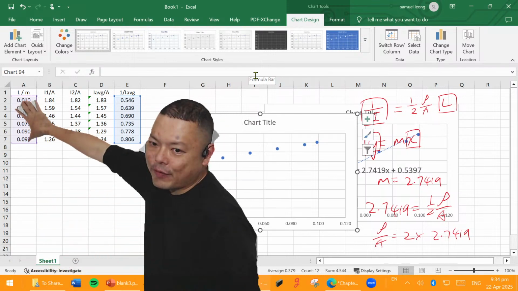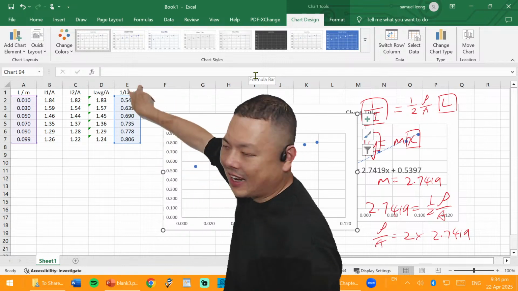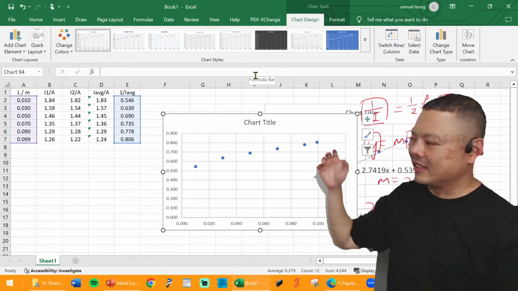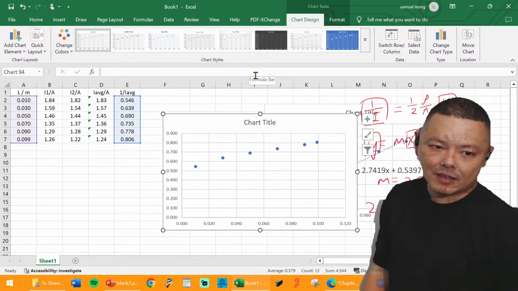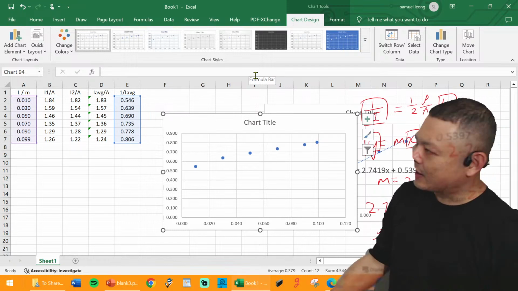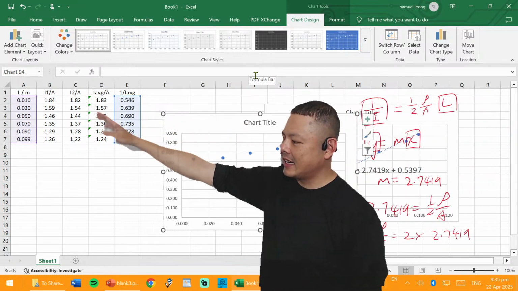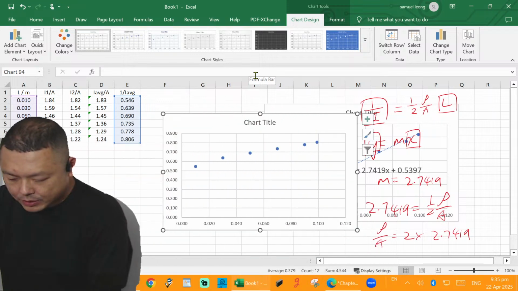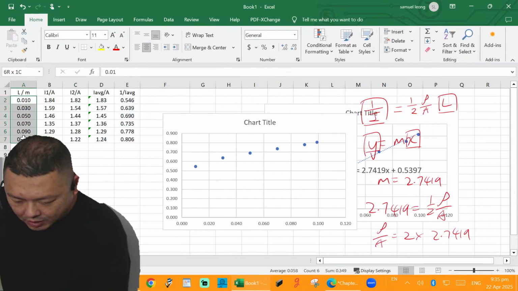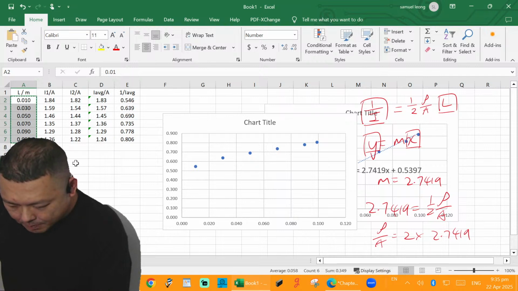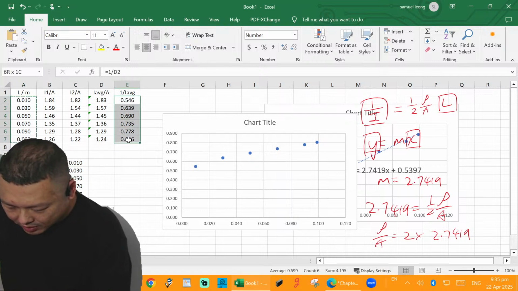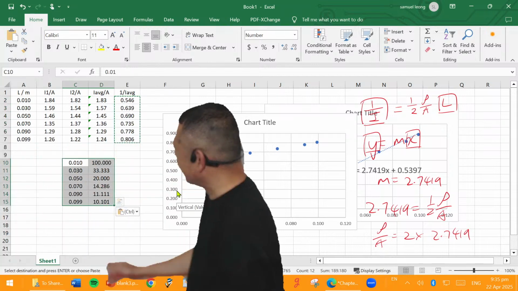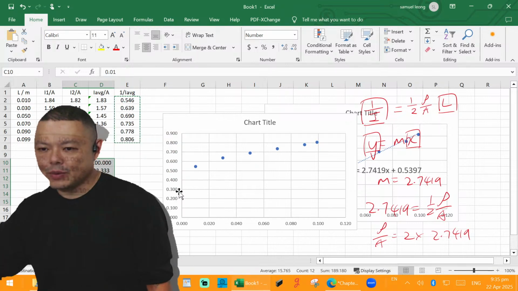So if my L values are behind here, then I select these two columns, then I go and insert the chart, then the axes will be swapped the other way around. So yeah lah. The ones on the x-axis should be on that side there. Then the y-axis should be here. I think some teachers will then tell students that, oh, you are supposed to copy this column, paste somewhere, then copy this column, paste somewhere, then highlight the two of them, and then plot like that.